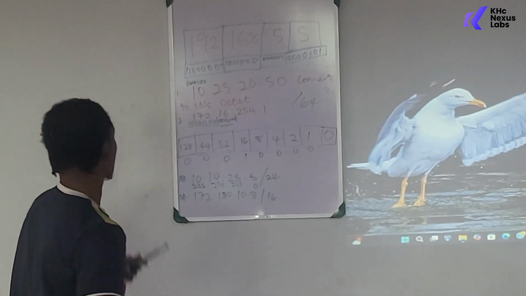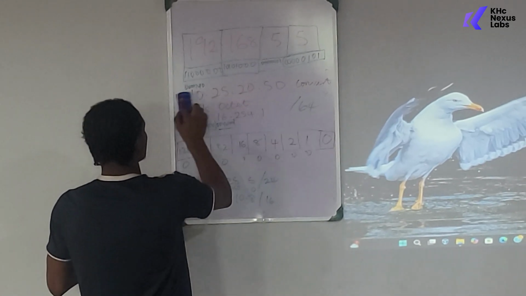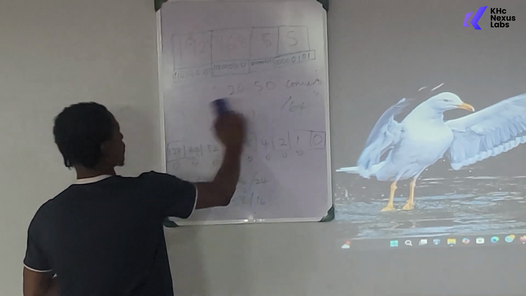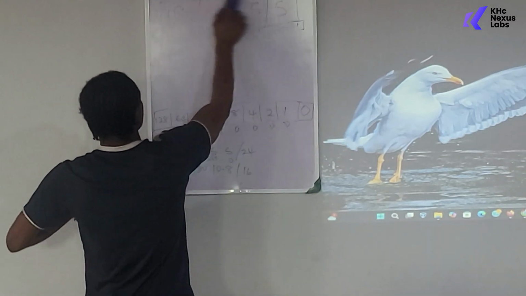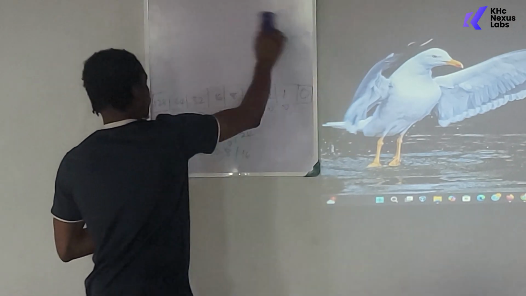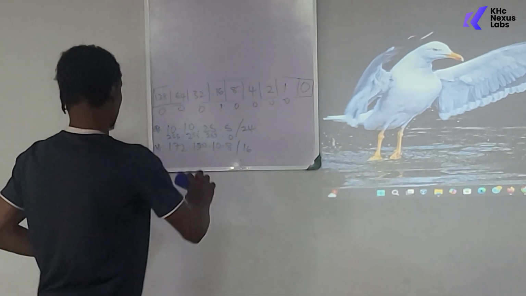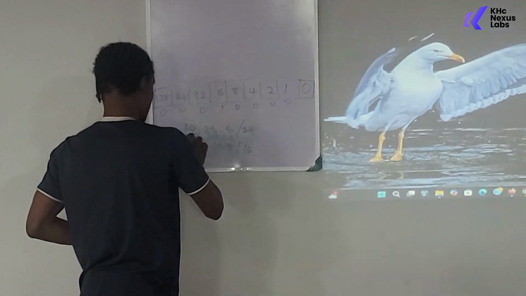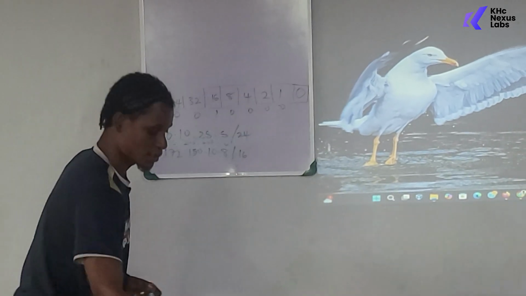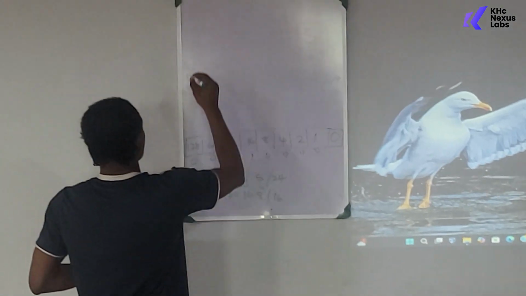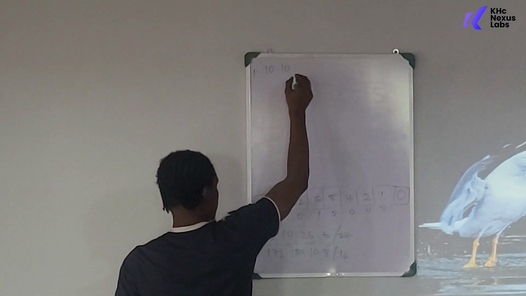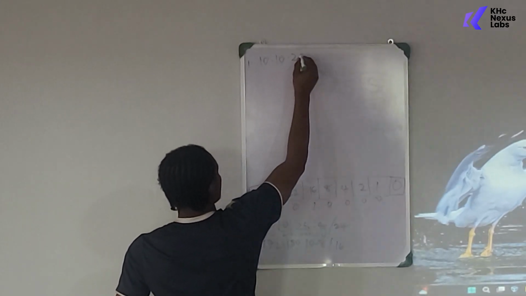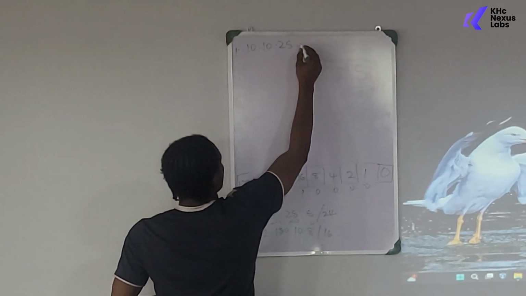I think I can wipe here so that we explain this much better. So let me clean this here. Let's solve it above, right? For 1, we have 10.10.25.5.